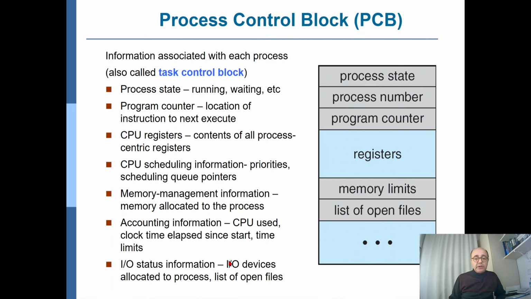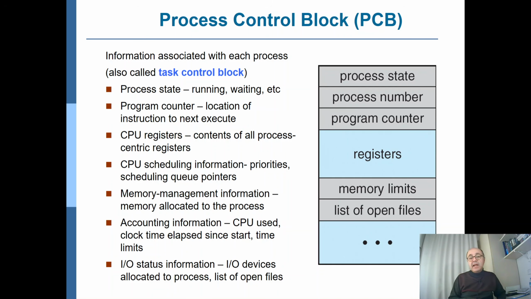And I/O operations, like the I/O devices that are allocated to this process, the files that are currently open by this process, which file is opened as read-only, which file is opened as read-write.